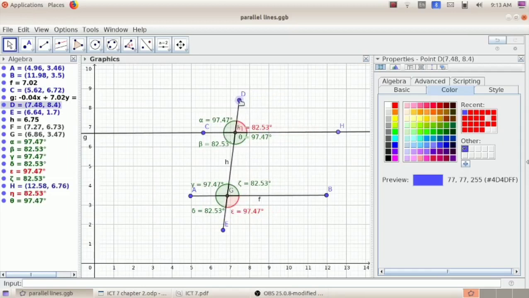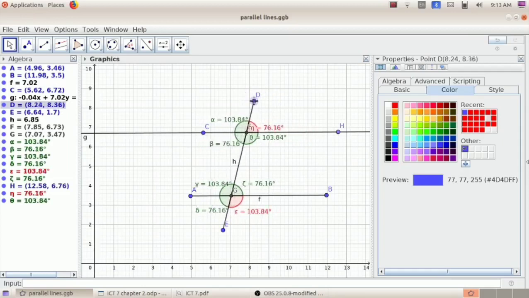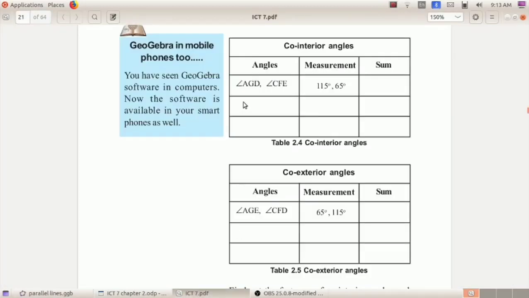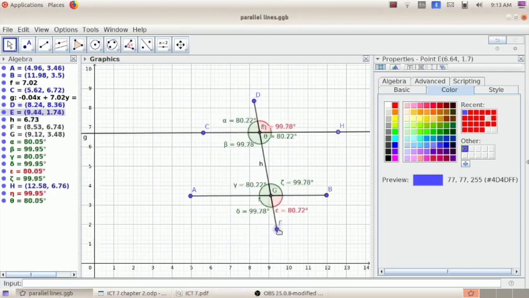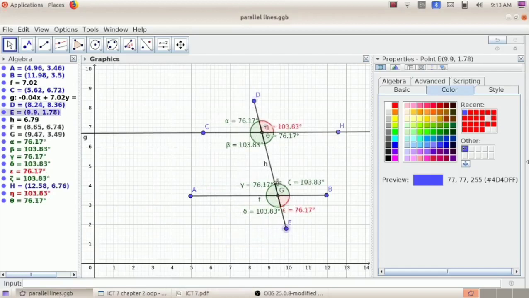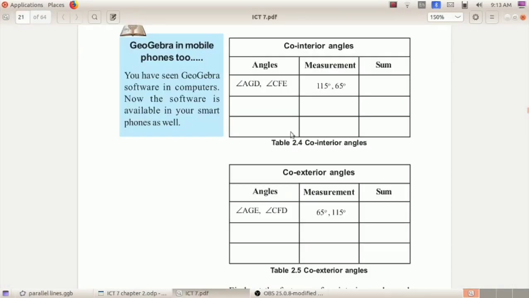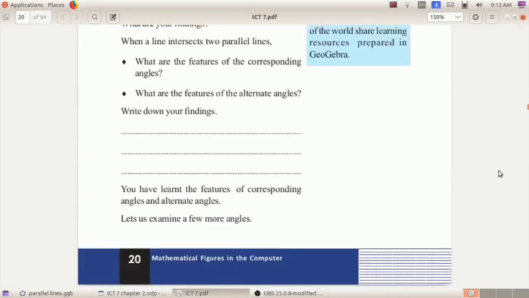So we have to change the position of a point, then angles will change, then measure the angles and fill this table. Then again change the position of any one point, then angles will change, measure the angles, then fill this table. In this manner, we have to fill these four tables.